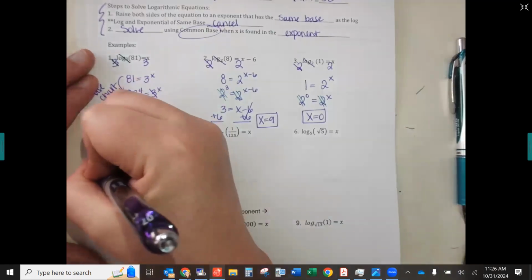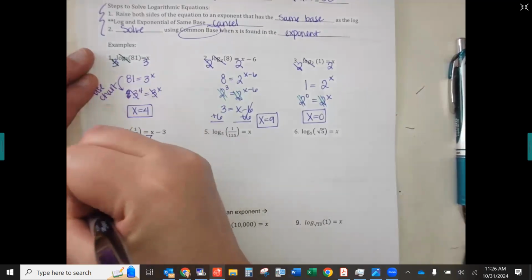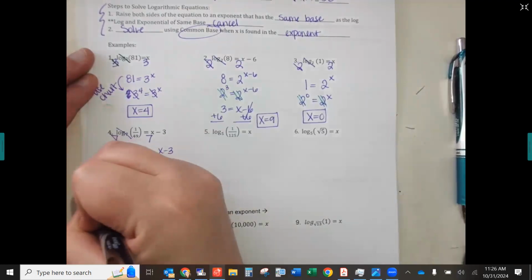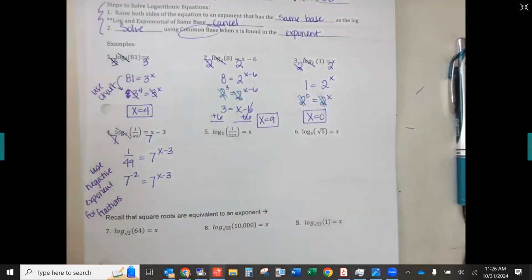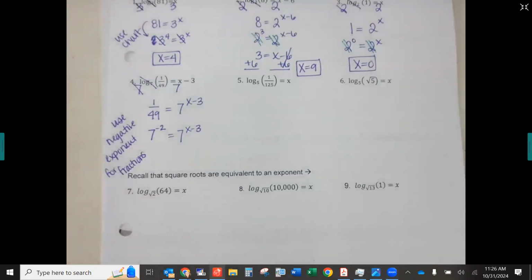And then I'm going to put right here: use a negative exponent for fractions. Okay, use a negative exponent when it's in a fraction.